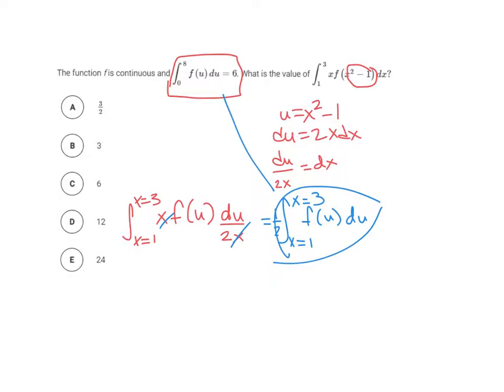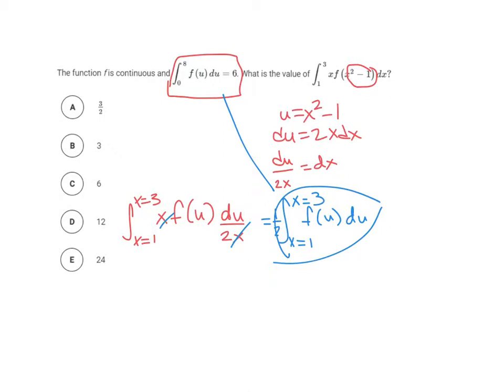The only difference is that they have changed those x values to u values, and we can't really do anything with this problem if the x equals 1 doesn't correspond to 0 and if the x equals 3 doesn't correspond to 8. So we're going to hope that they do.